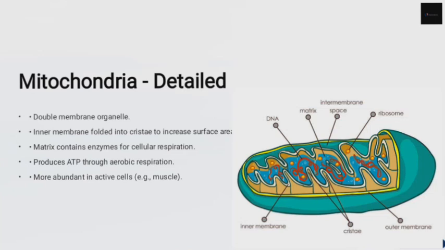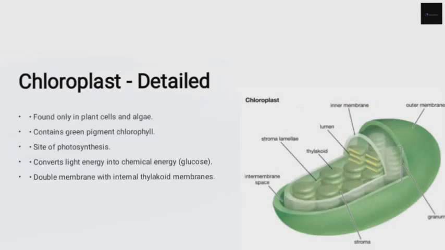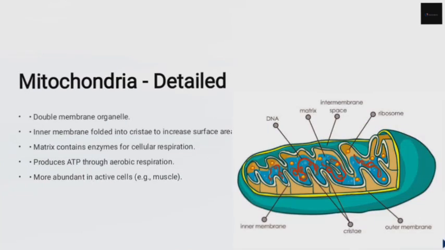Someone's mic is still on. I didn't get the last point you mentioned in DNA. DNA or nucleus? DNA, the second to the last point. The last point said that it is found in only eukaryotic cells.